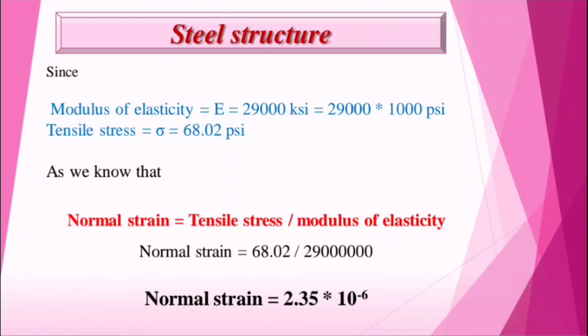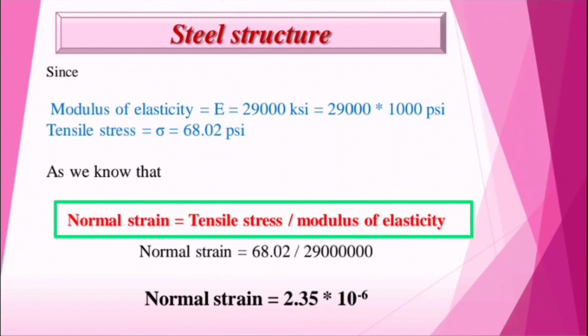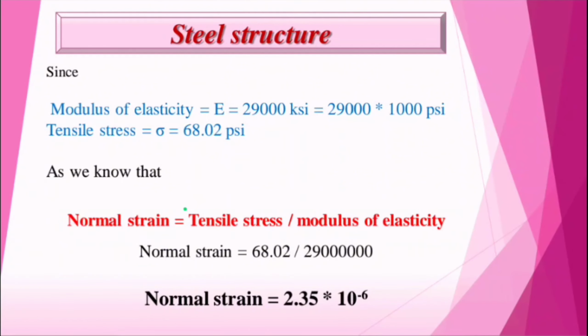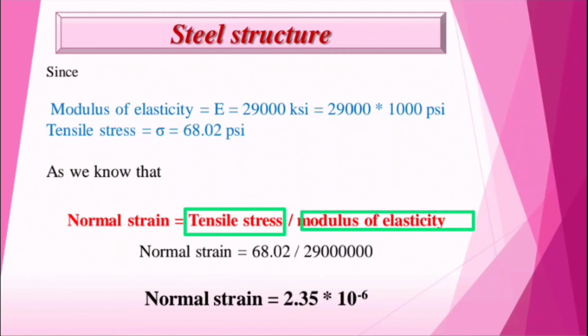In the last slide we found the maximum tensile stress, which is 68.02 psi. We know the formula for the normal strain is the tensile stress divided by the modulus of elasticity. We found one value in the last slide and the other is given in the question.